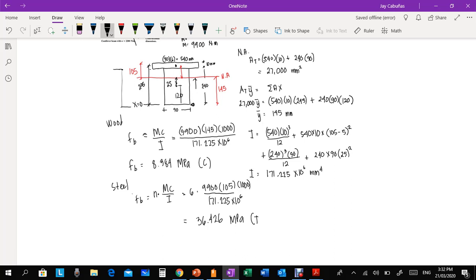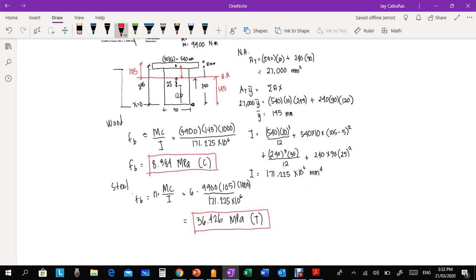That is tensile stress, since it is upward. Again, at this point, what it experiences is tension. Hence, it is tensile stress.